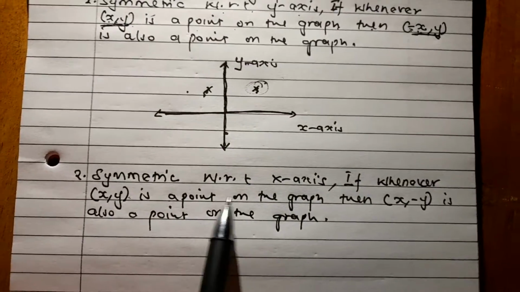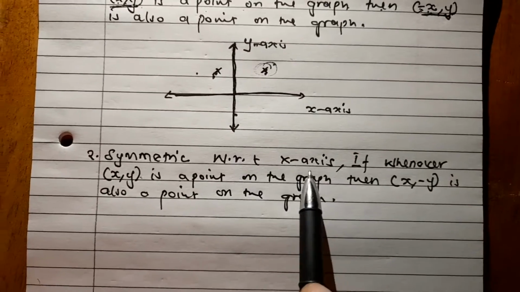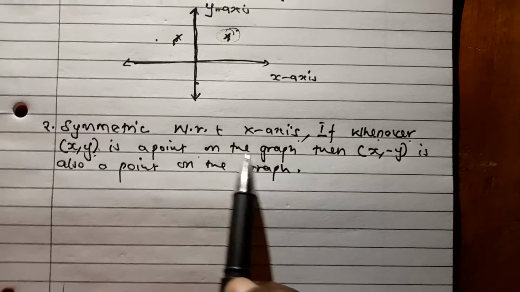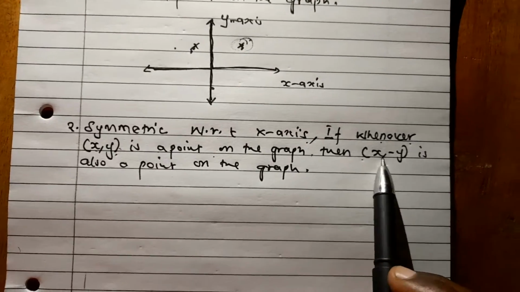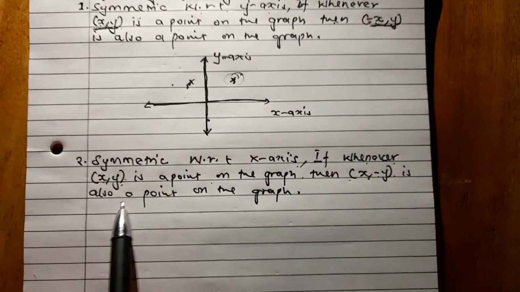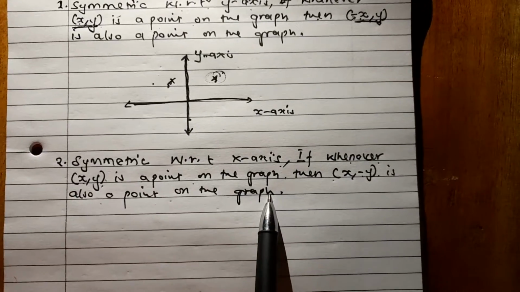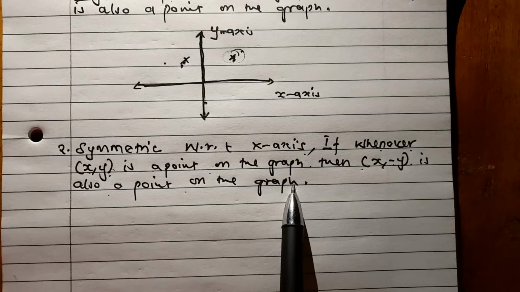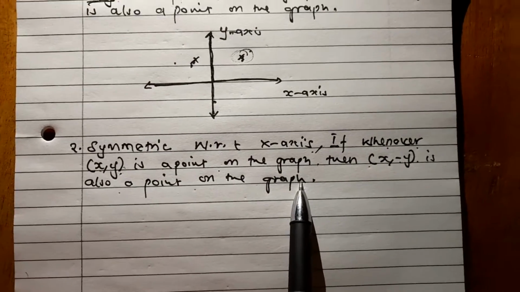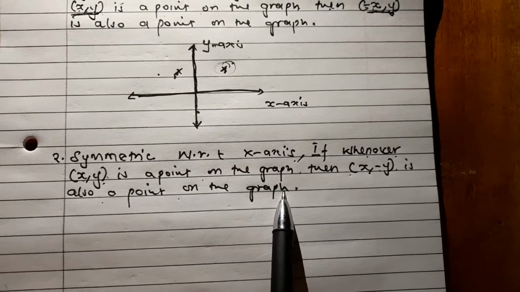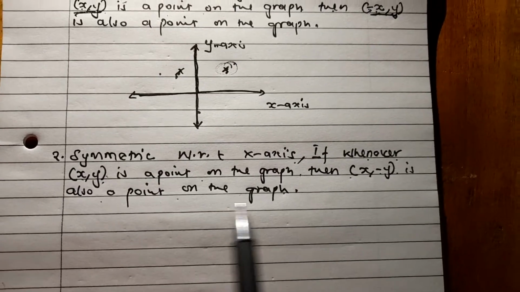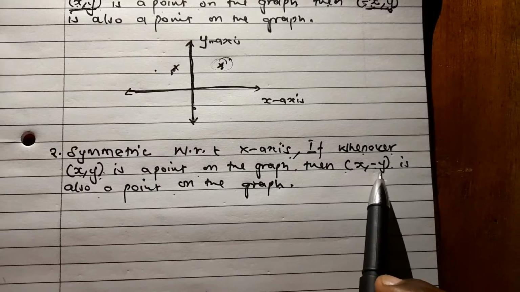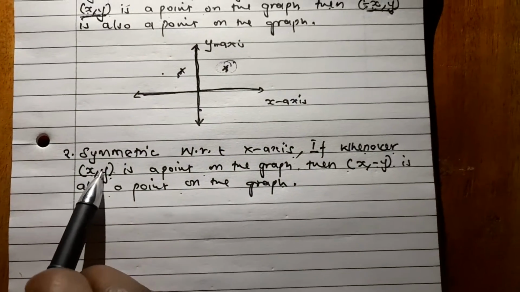So a graph is symmetric with respect to the x-axis if whenever x comma y is a point on the graph, then x comma negative y is also a point on the graph. And this means that the portion of the graph below the x-axis is actually a mirror image of the portion above the x-axis.